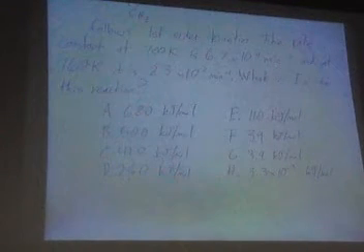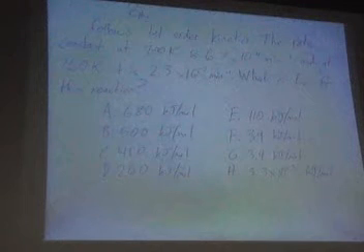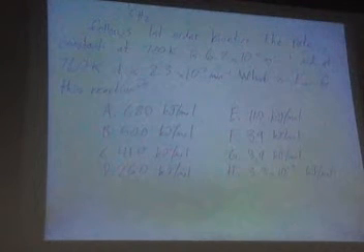We're given a bunch of possible answers in kilojoules per mole. So we're trying to solve for EA. We have 2 rate constants and 2 temperatures. So this equation right here, ln K2 over K1 equals EA over R times 1 over T1 minus 1 over T2, is the best one to go with.